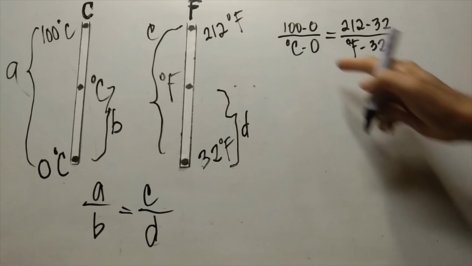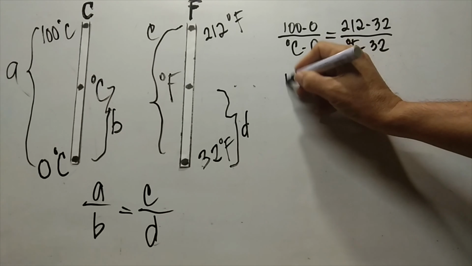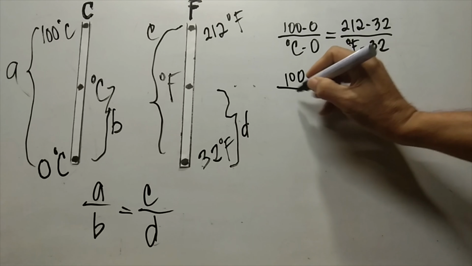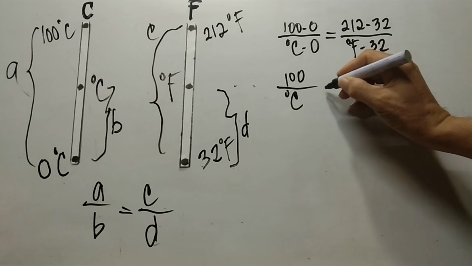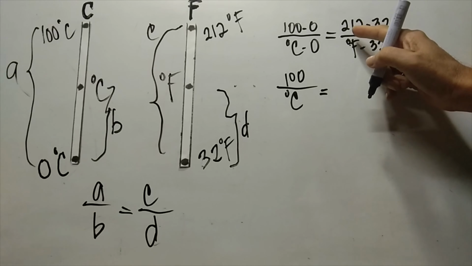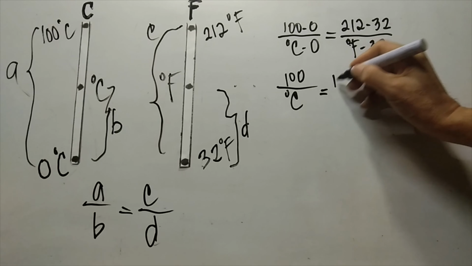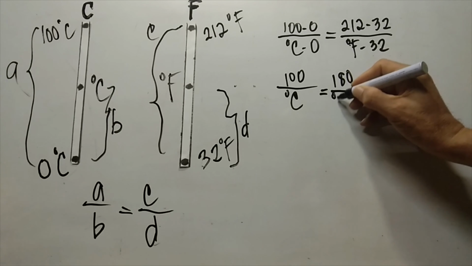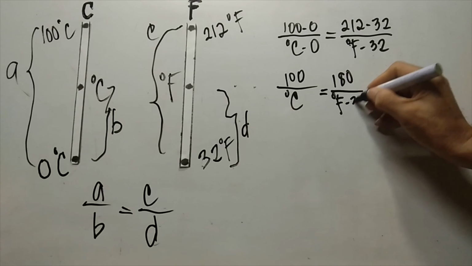Simplifying, this becomes 100 minus 0 is 100. Degrees Celsius minus 0 is degrees Celsius. 212 minus 32 is 180. And degrees Fahrenheit minus 32.